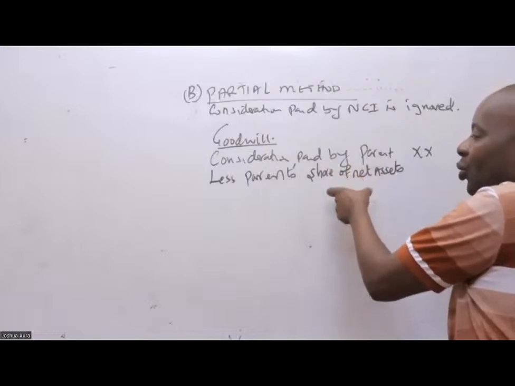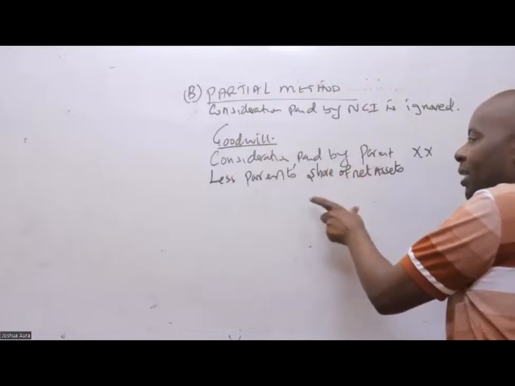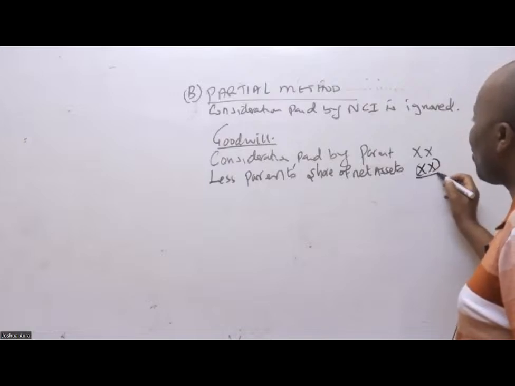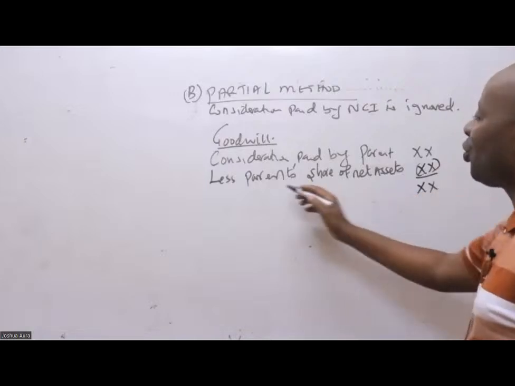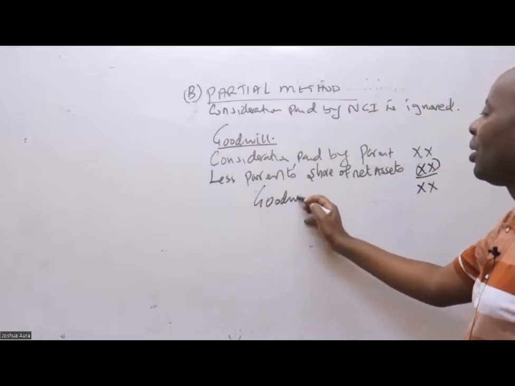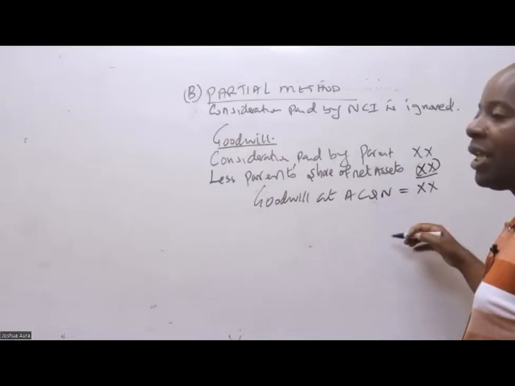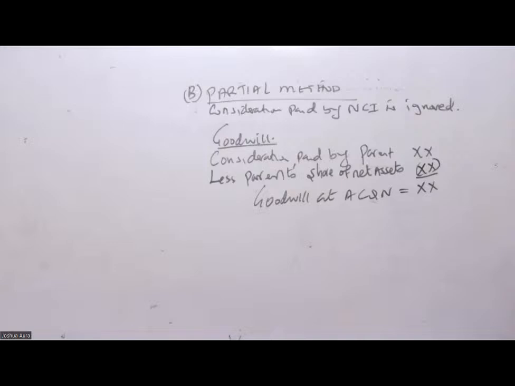So it can't be the total net assets, but the parent's share of net assets. Then we get the partial goodwill at acquisition. Will the answers be the same? No, they won't be the same.